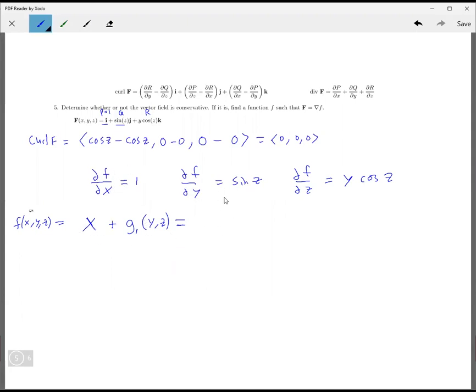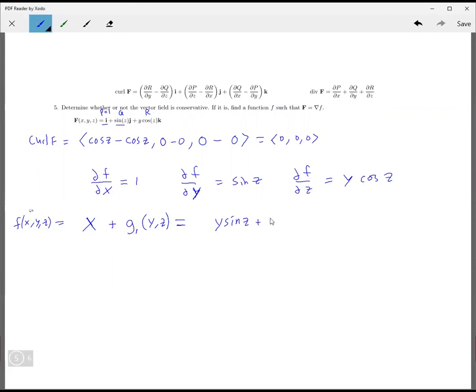So the function is going to be something, it has to be this. It also, from this one, has to be what? Integrate. You want something whose partial derivative with respect to y is just sine z. So y sine z does the trick.